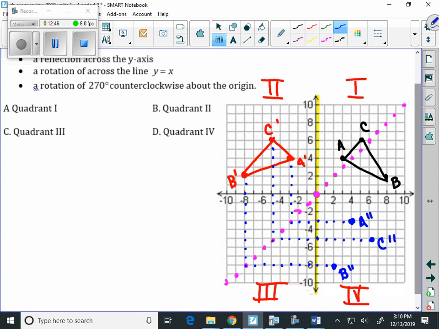There's our new C. And ultimately, we have to do a lot of work to determine what quadrant we're going to end up in.